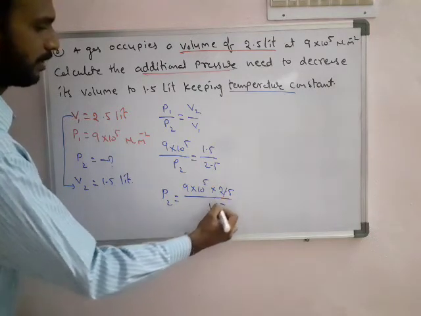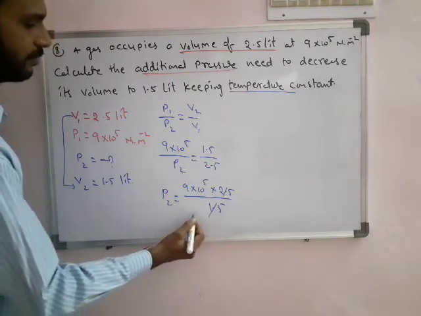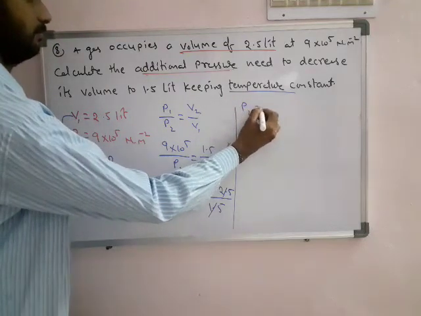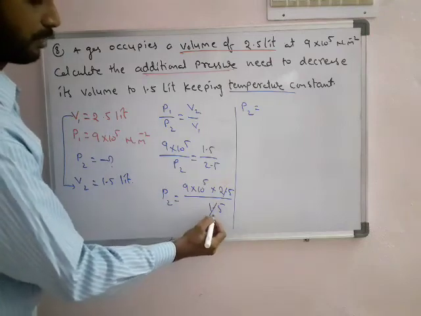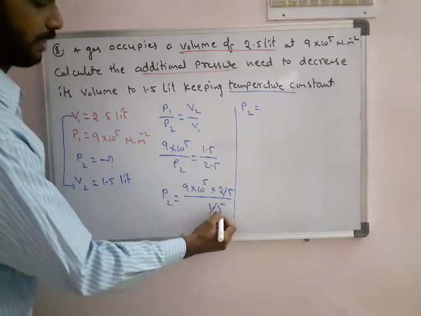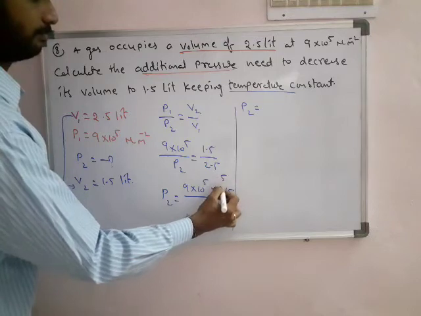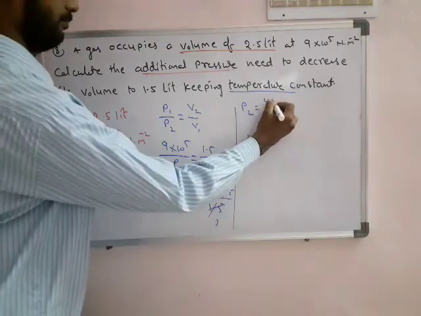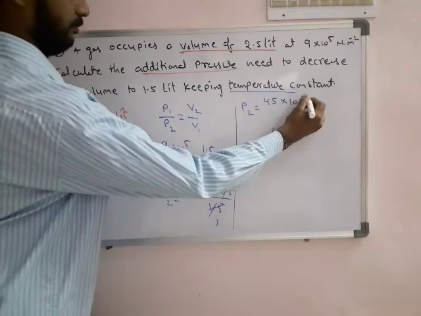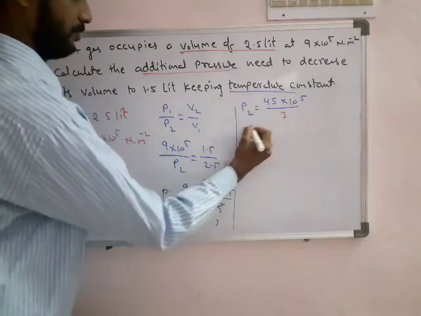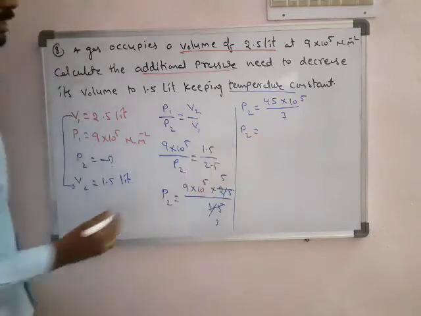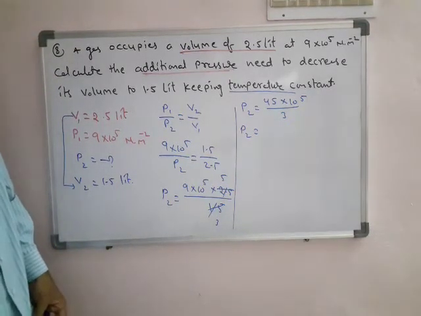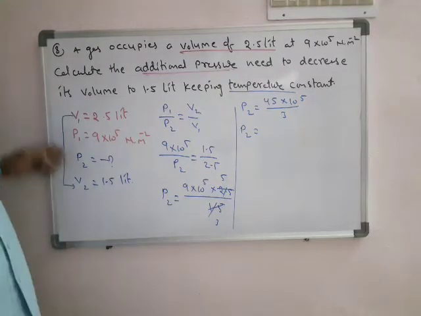So the point will get cancelled. Finally we will get P2 equal to 15 into 10 power 5.